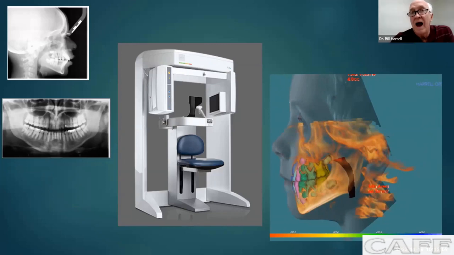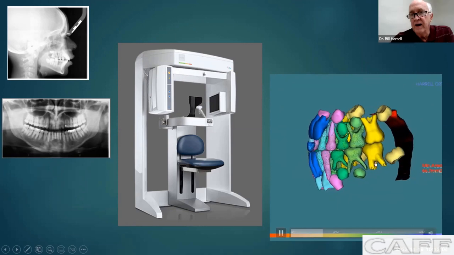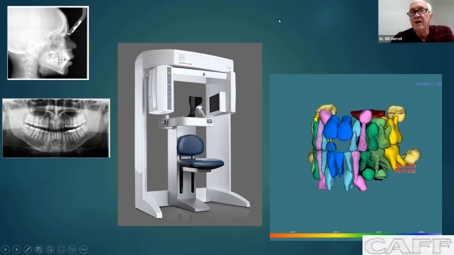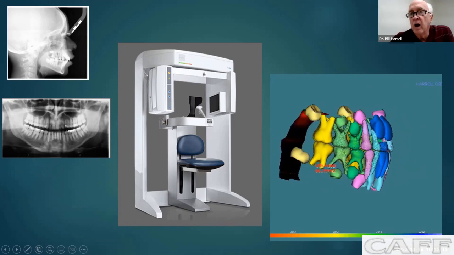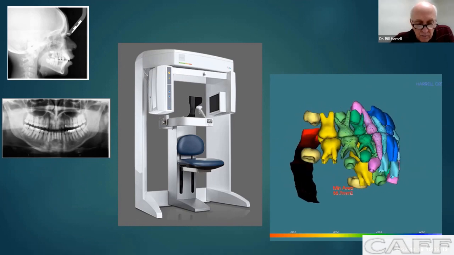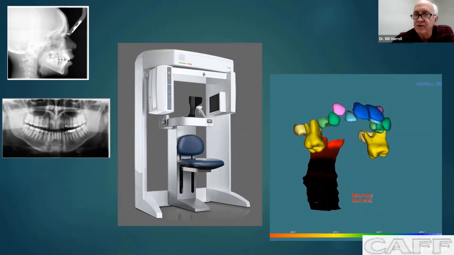They're not only wowed by it, that's one reason you do it, but to be able to show them this kind of an image, you can just understand it at a whole different level. So the anatomic truth is really trying to represent true anatomy as it exists in nature.